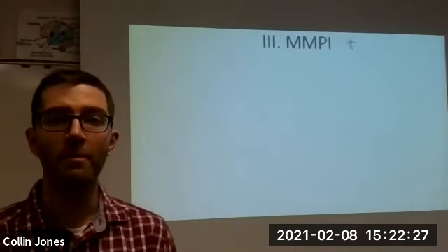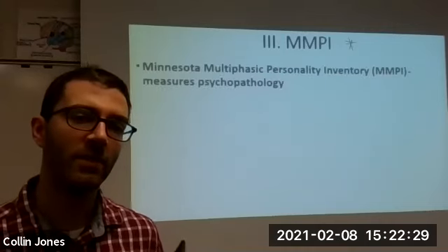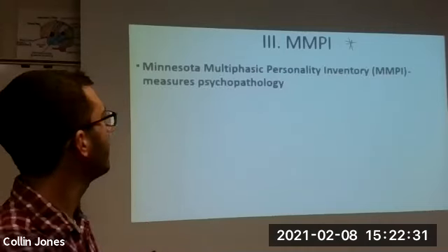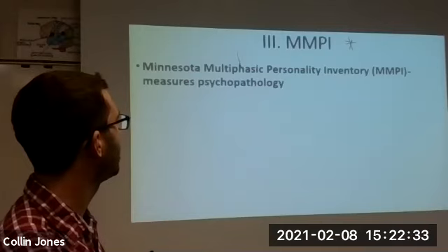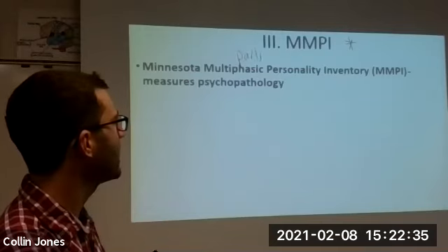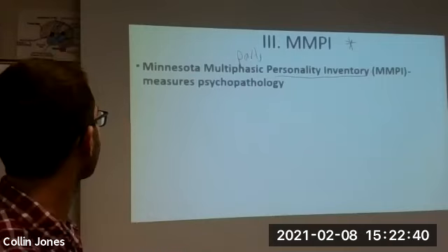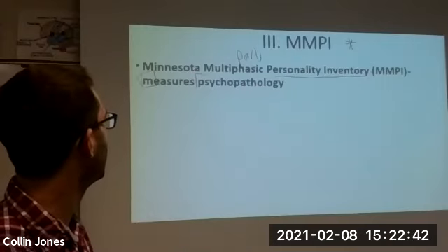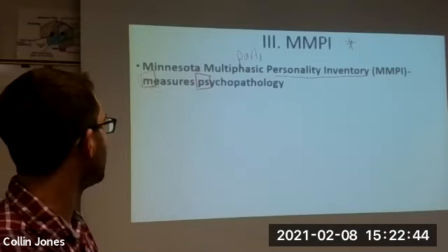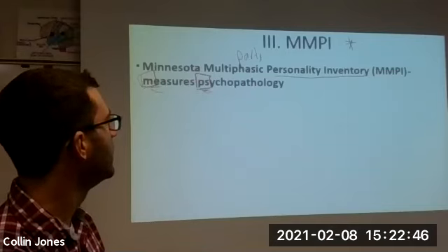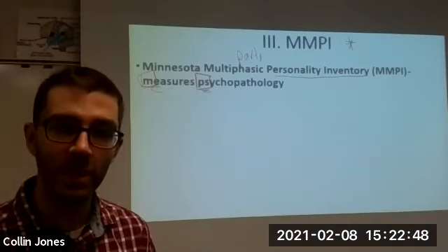Our third Roman numeral is about a very unique kind of test, maybe the most famous test, the MMPI. Go ahead and write what that stands for. The Minnesota Multiphasic, meaning it has several parts to it. It says it's a personality inventory test, but what the MMPI is actually measuring is your psychopathology.